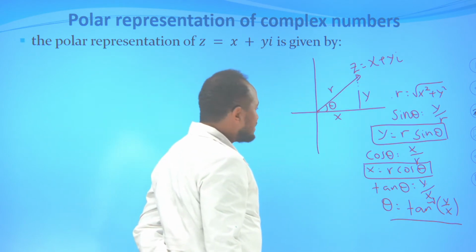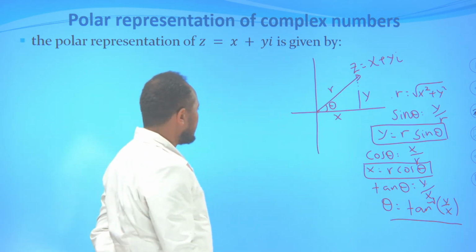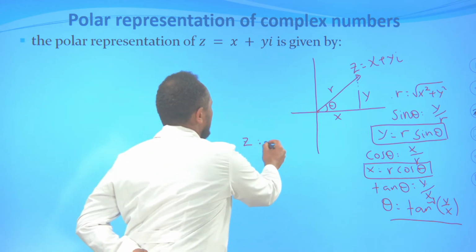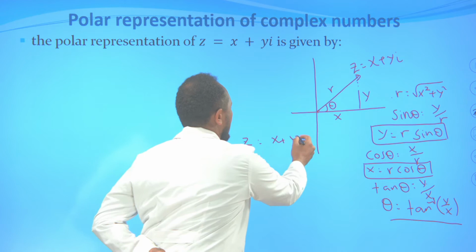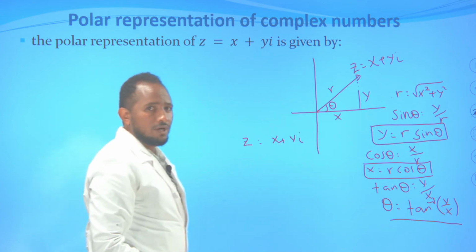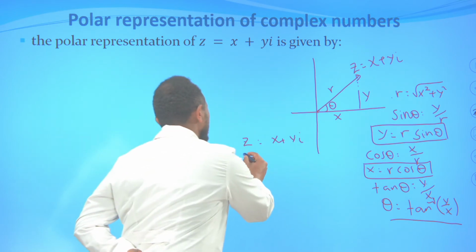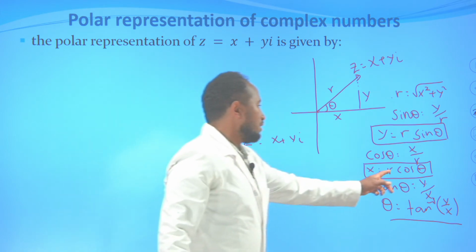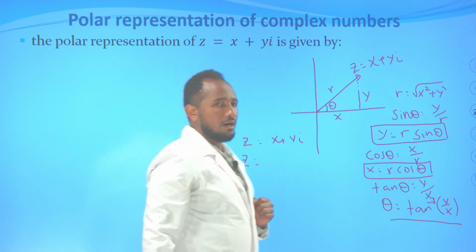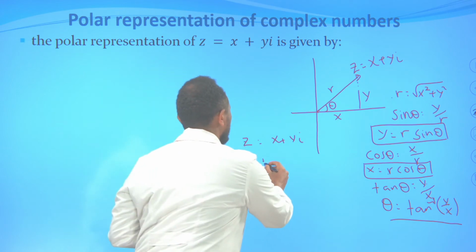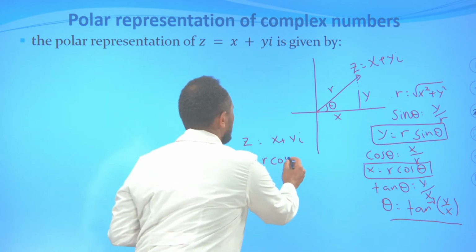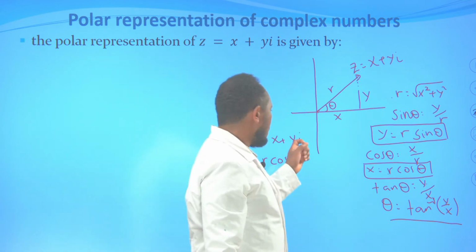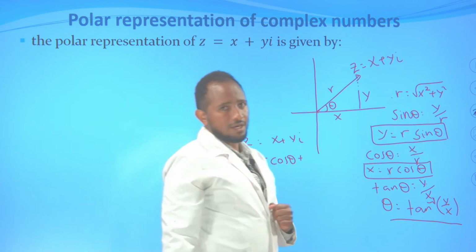So combining this, we have z is equal to x plus yi. Therefore, to write this in polar form, x is replaced by r cos theta, and y is replaced by r sine theta.